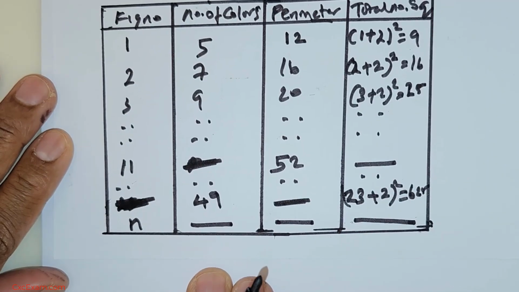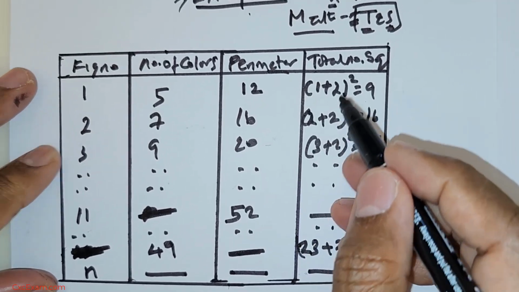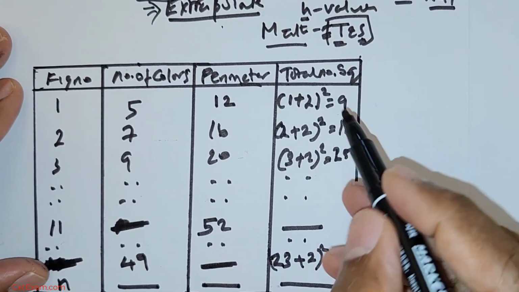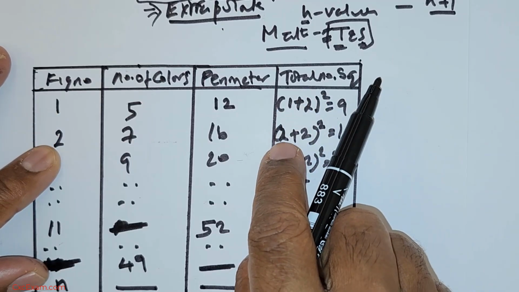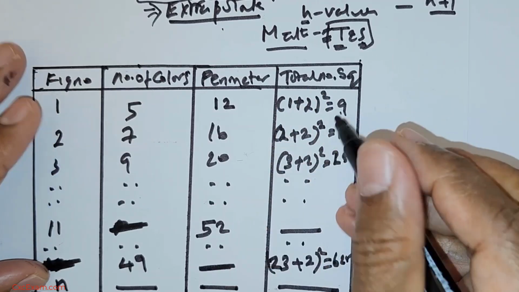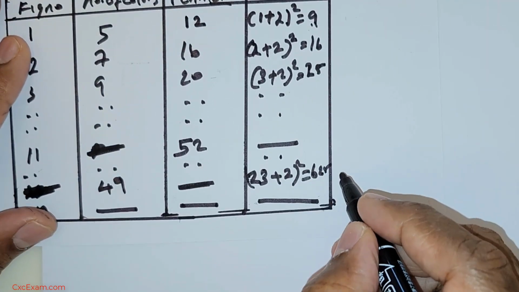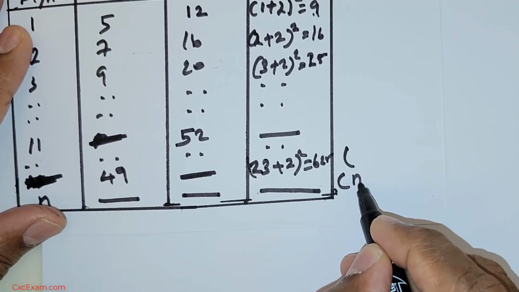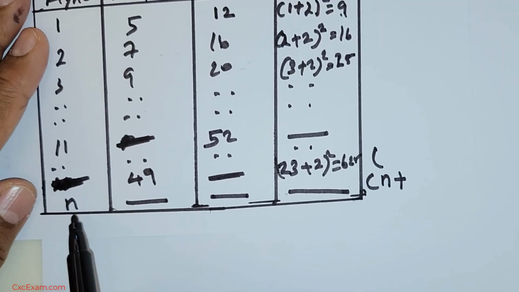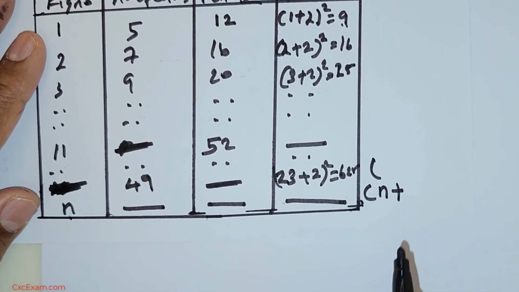That is the requirement. Okay, let's go and see the formula here. See, figure number 1 value is 1, figure number 2 value is 2, figure number 3 value is 3. So clearly the nth term is written here. The nth term is going to be n plus, right? N is here, n should come there.